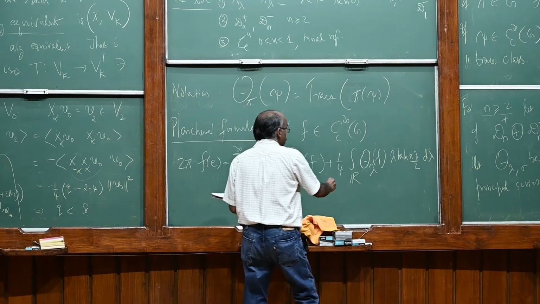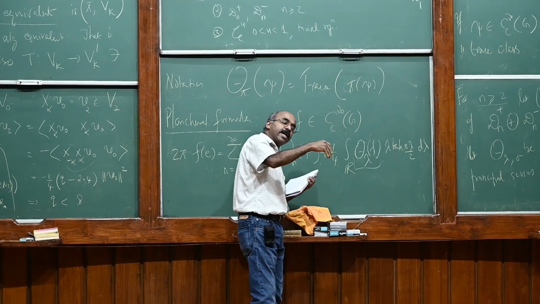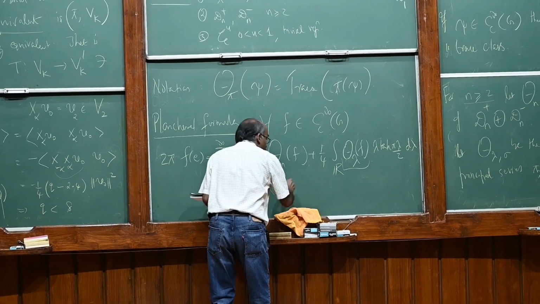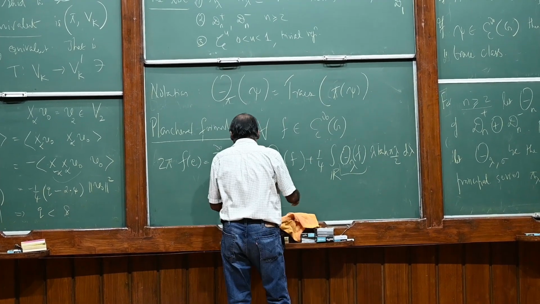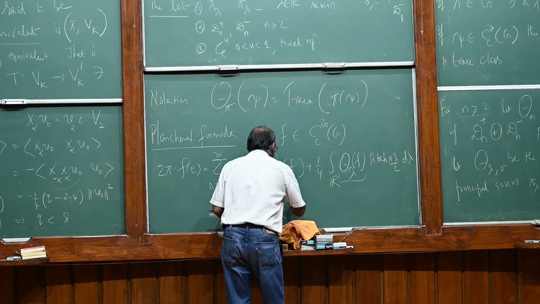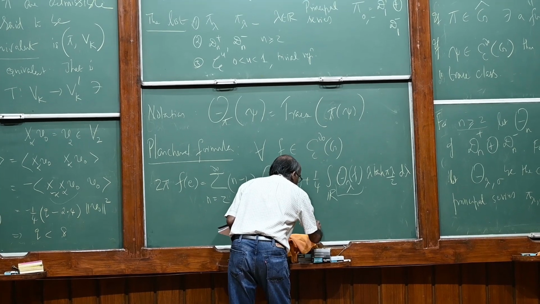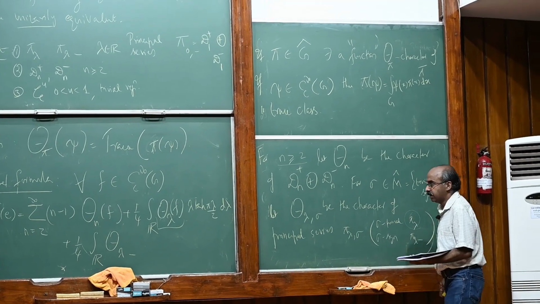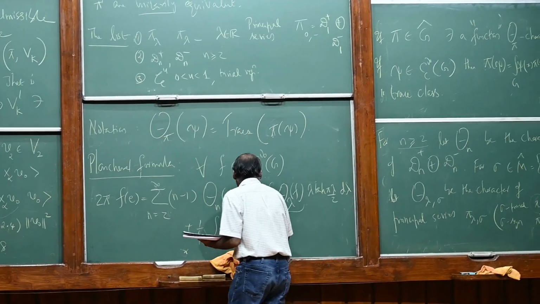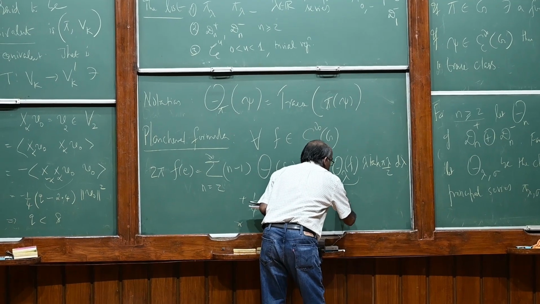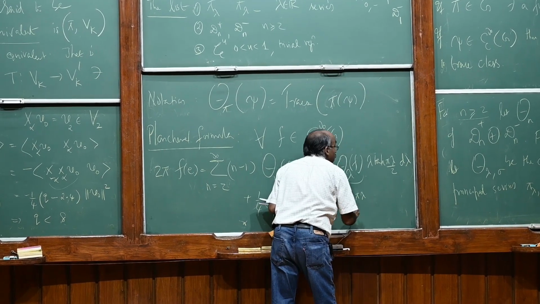And this particular quantity here is called the spherical Fourier transform of f, plus the other principal series, which gives me the integral over R of theta lambda minus, so that corresponds to these representations, the other set of principal series, of f, and I have the lambda coth pi lambda by 2.